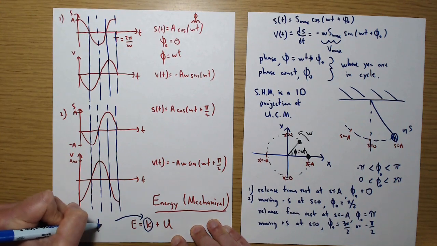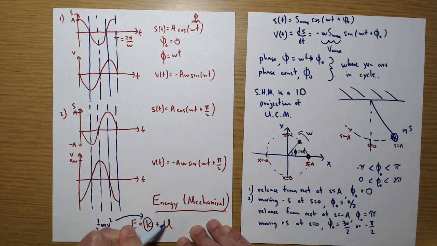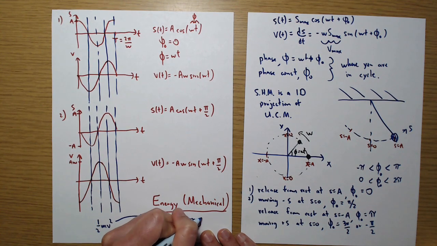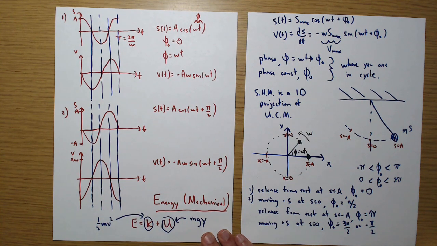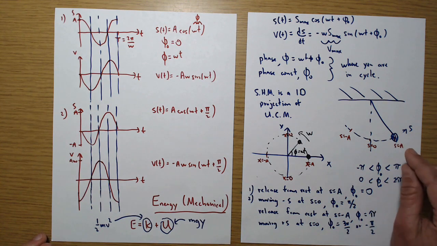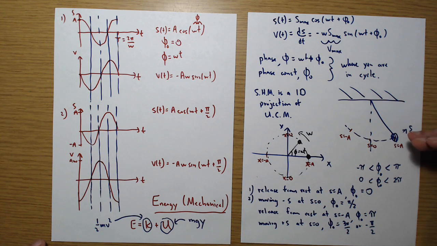This is 1/2 mv squared. And the potential energy, in this case, is mgy. It's a gravitational potential energy, which describes how much the pendulum's height changes with respect to the ground. And with a potential energy, we're free to set our origin to be 0 wherever we'd like.